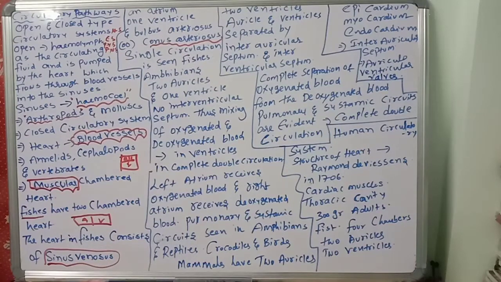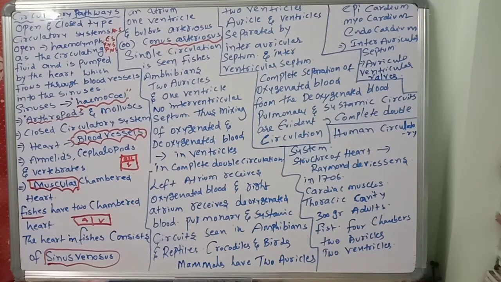So what I am telling is, sinuses mean open type of circulatory system, and blood vessels mean closed type of circulatory system. Single circuit means only one movement, one circuit. Here two circuits are there, the double circuits: the pulmonary circuit and the systemic circuit.